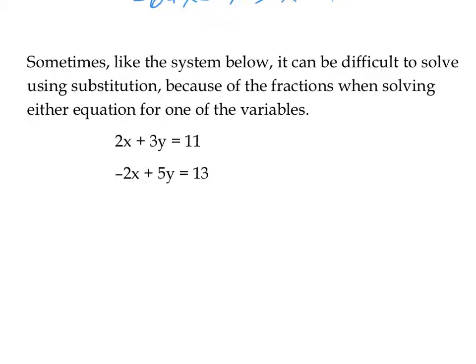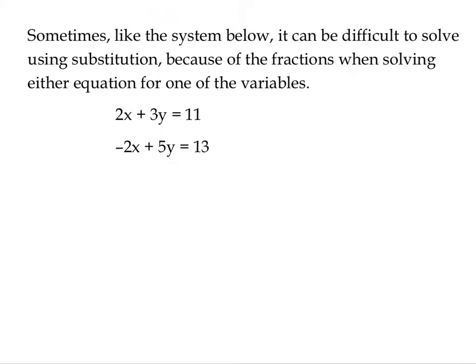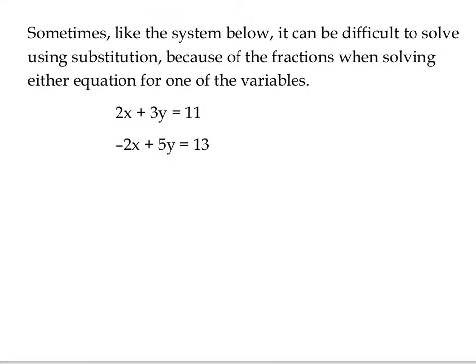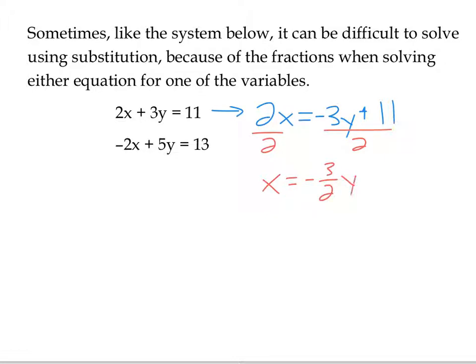It's not always easy to get one of the variables solved for, x or y. In the system we see here, if we wanted to solve this first equation for x, I could subtract the 3y on both sides, and I'd be left with 2x equals negative 3y plus 11. Then if I divide by 2 on both sides to get x by itself, I'd have x equals negative 3 over 2 y plus 11 over 2.